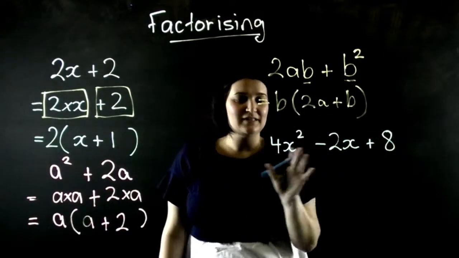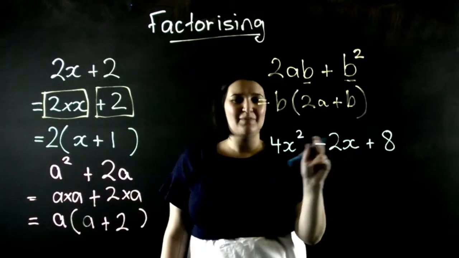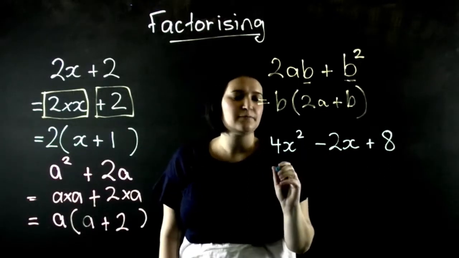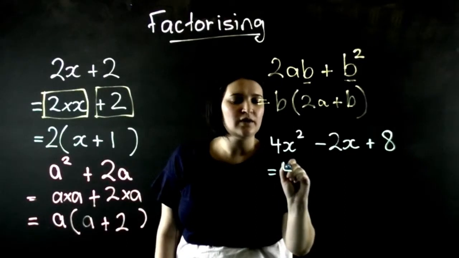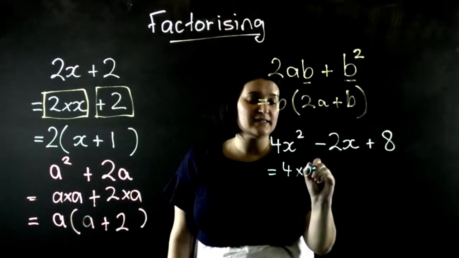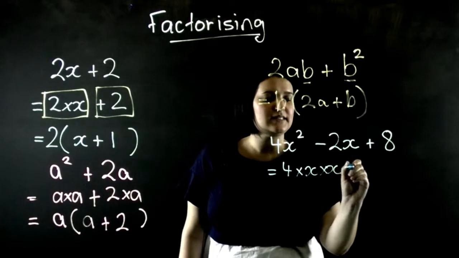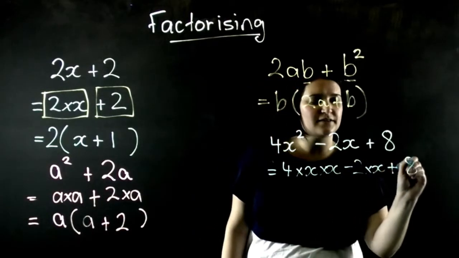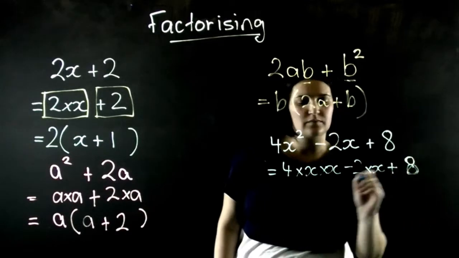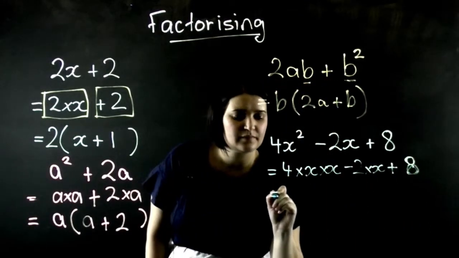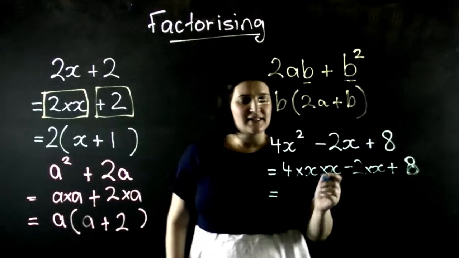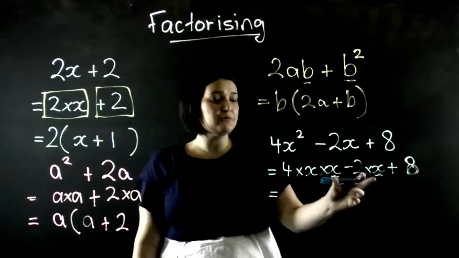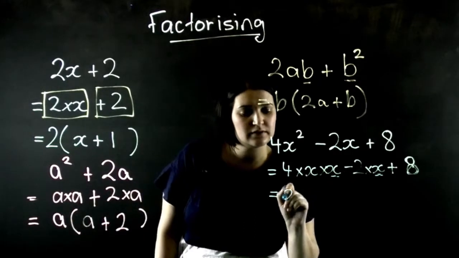Lastly, I'm going to look at this expression. So I'm actually going to write this one in expanded form because it is a little bit more complex. So I've got 4 times x, take 2 times x plus 8. Okay. Now I can see that these 2 terms have a common factor of x, so I can bring that out the front.